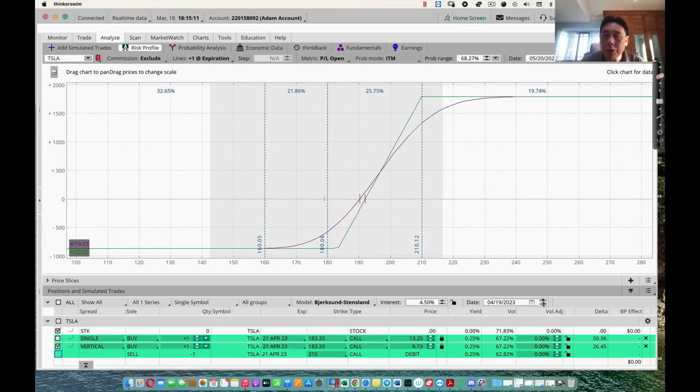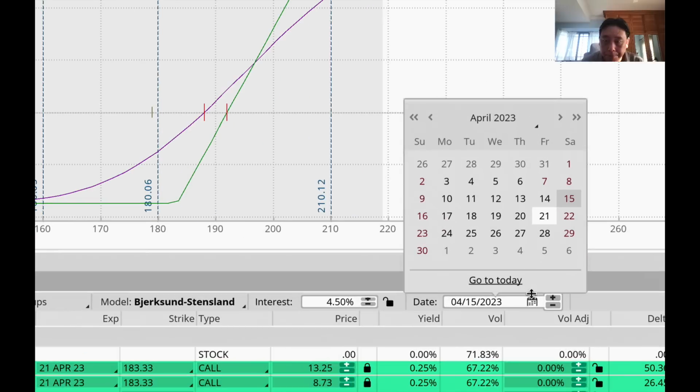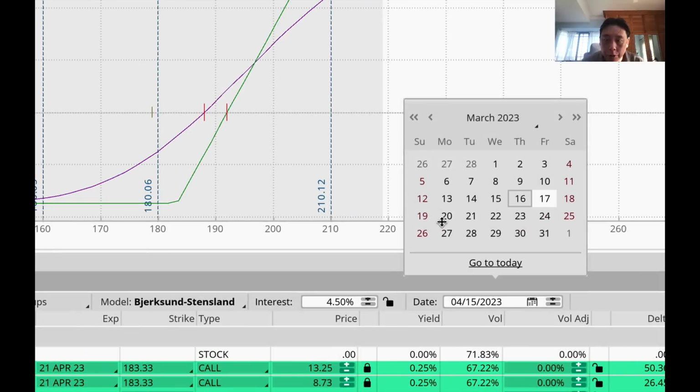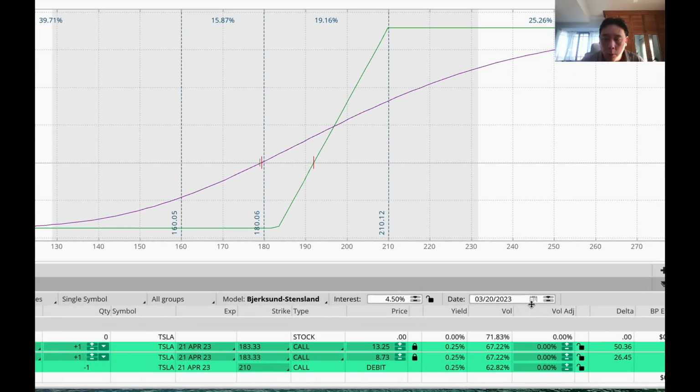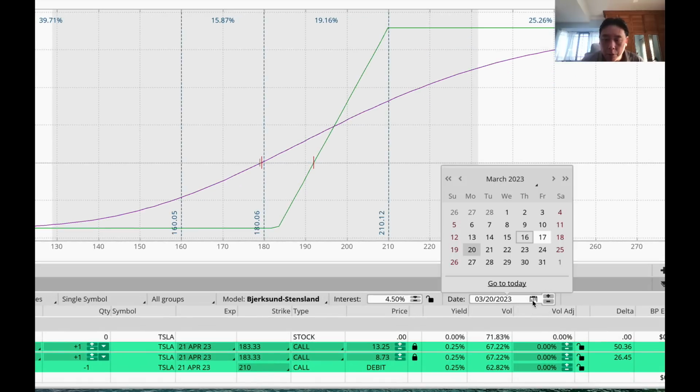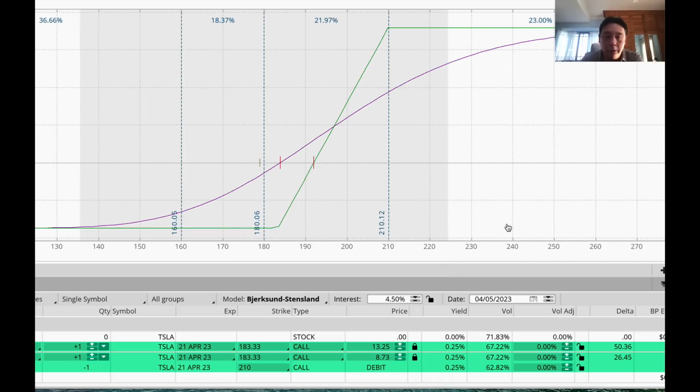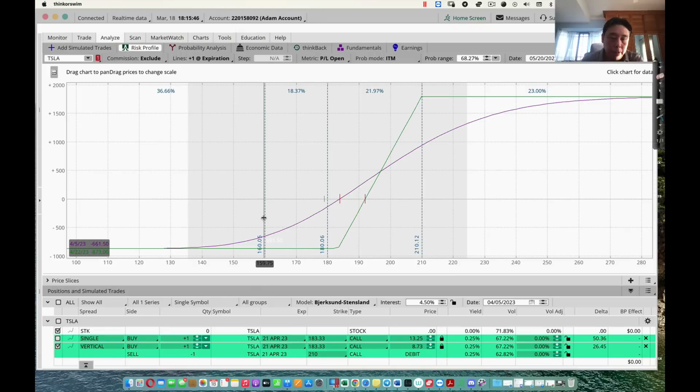So again, let's go back to the 20th of March, which is, let's say on Monday, which you enter the trade. And let's say after you enter the trade, the price drops. For example, in 15 days, the price drops to the stop loss price. What's 15 days? That will be roughly about the 5th of April. Okay, so let's say on the 5th of April, the purple line has dropped a bit and you get out.